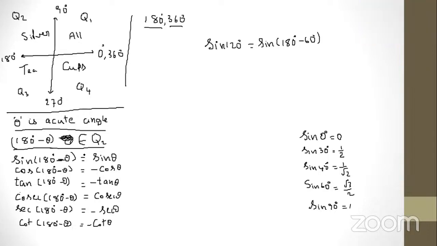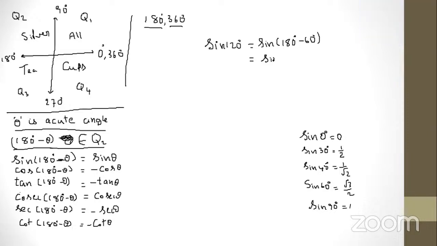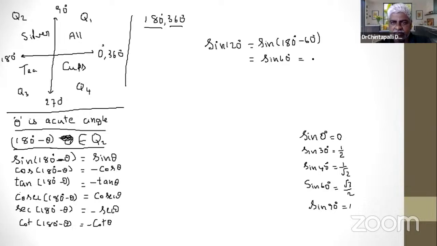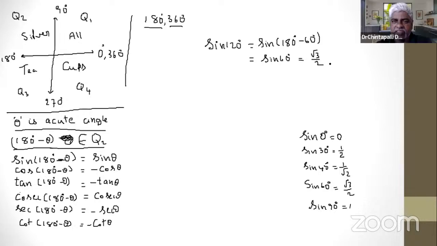So sine of 180 degrees minus 60 degrees is sine 60 degrees. What's the value of sine 60 degrees? Root 3 over 2. That's why sine 120 degrees is equal to root 3 by 2.